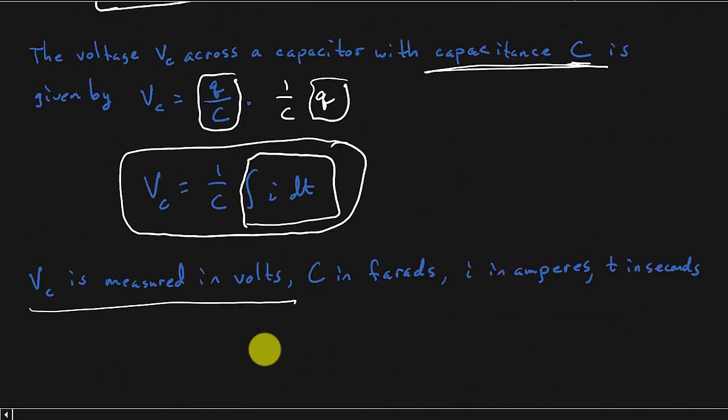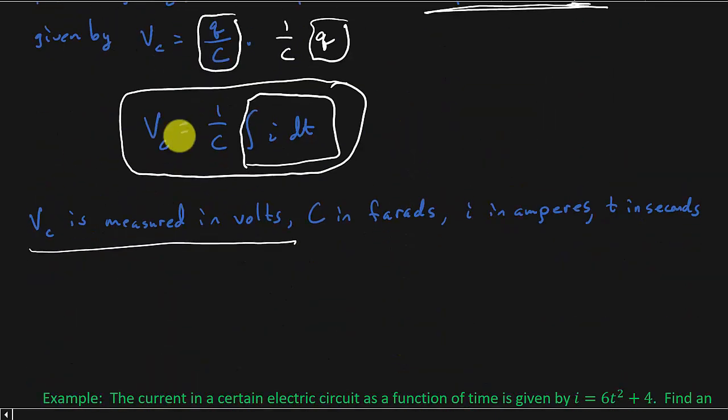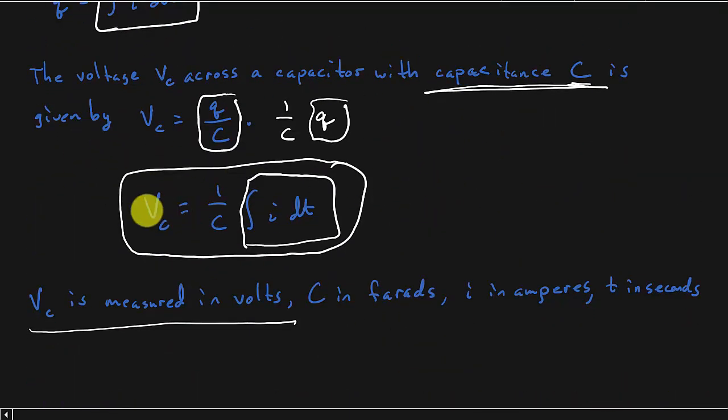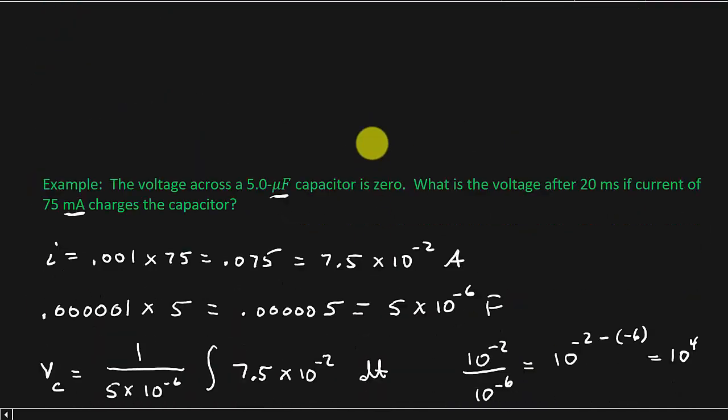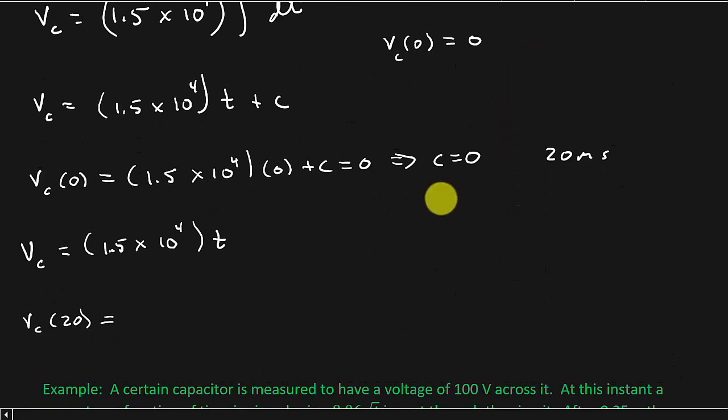Let's check it out and see. Notice what it says with the volts here: t is in seconds. So we need to convert it, don't we? And so that would be 20 times what?